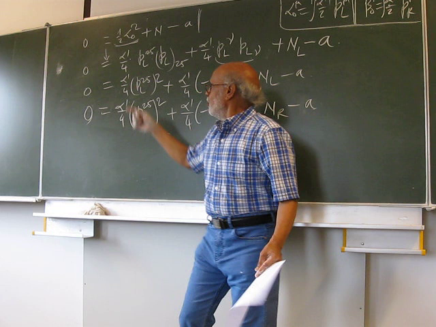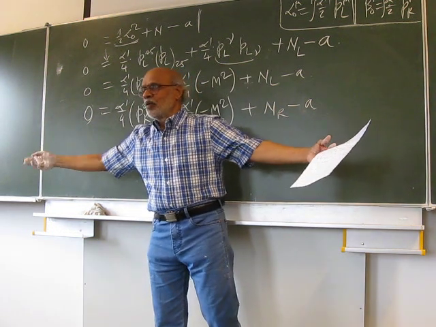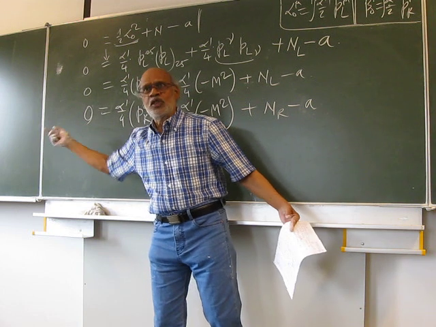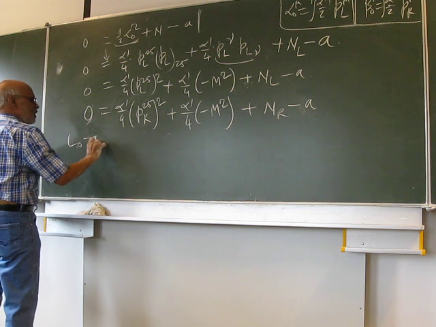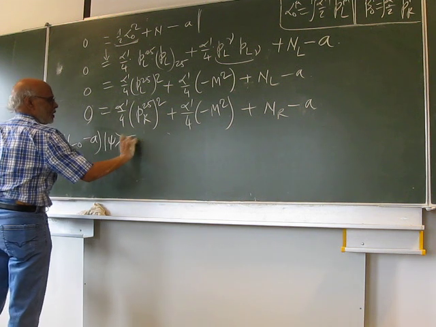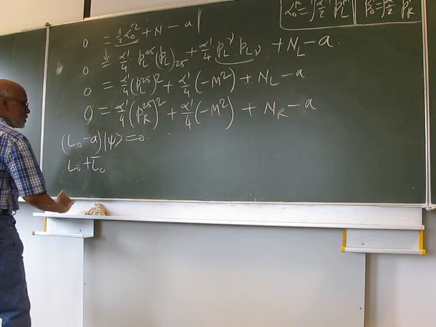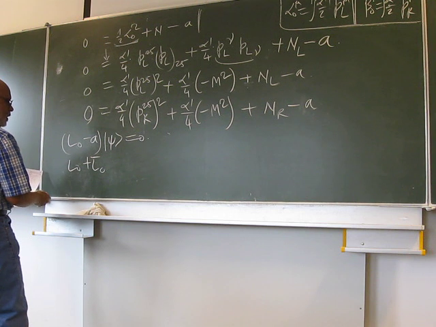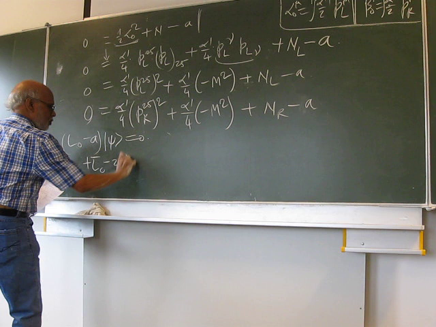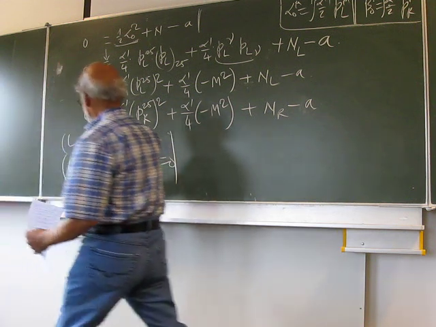Now what you do? Once you add them and once you subtract them. Once you add them, you get an equation. Once you subtract them, subtracting is called the level matching condition. L0 plus L0 bar minus 2A, of course this would hold true if I sum up the two.